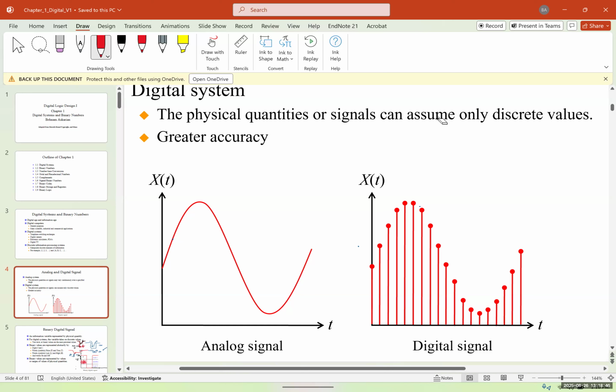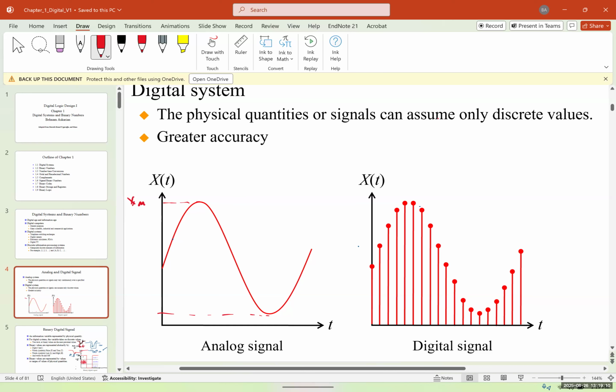So all of them are continuous waves. If you have an oscilloscope, you can monitor that as well. They are continuous. They are not discrete, and they change with time. Okay. And usually we have a maximum and minimum amplitude for them.